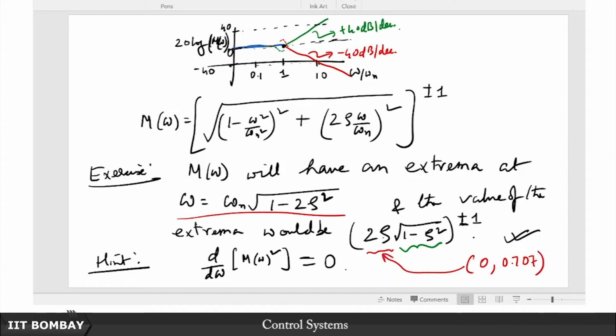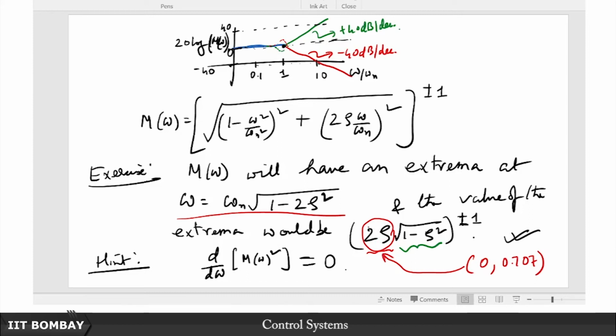Close to 0, it can take almost infinite values, and at the other end, it settles at something like root 2. If you put zeta equal to 1 by root 2 here, then this is root 2. Of course, if we take the minus 1 part, then this is 1 by root 2. So, starting at zeta equal to 0.707 from a value of root 2, this factor that I am circling in red tends to infinity as zeta goes to smaller and smaller values. So, this varies much more widely.